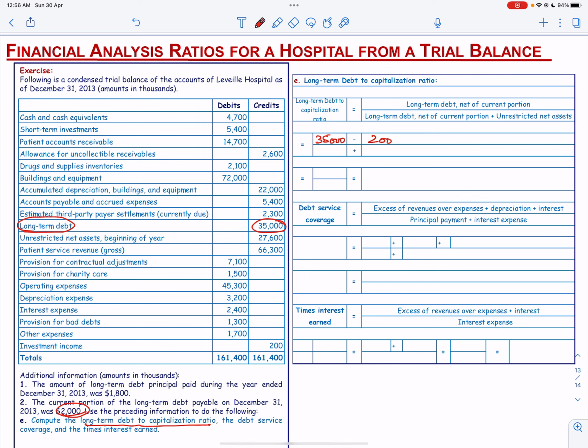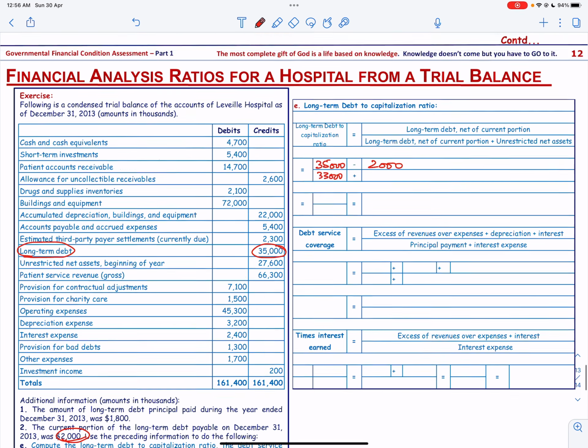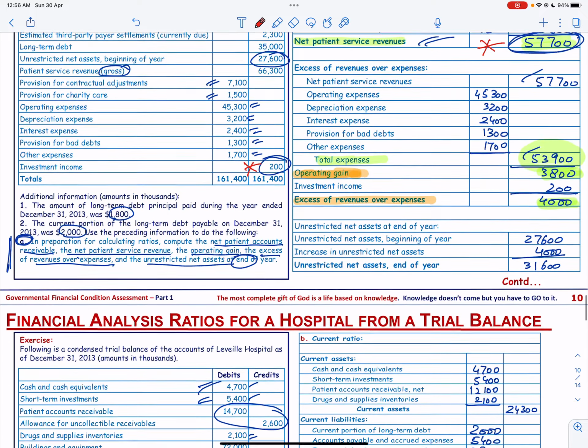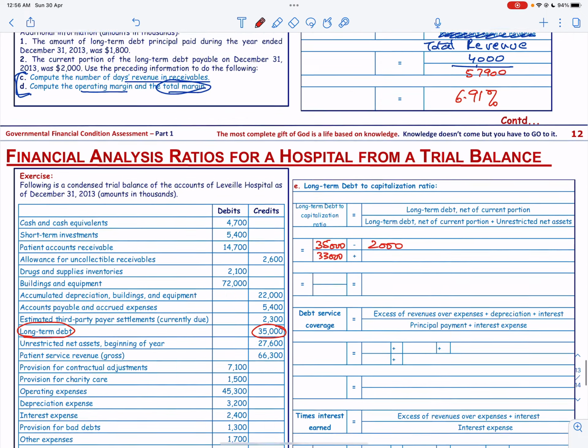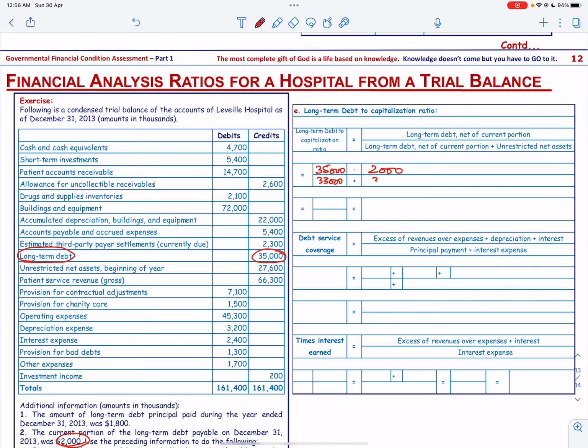So long-term debt net of current portion, that is 35 minus 2, is 33,000, plus the unrestricted net assets, and we have calculated the unrestricted net assets as 31,600. So this is equal to 33,000 divided by 64,600, and this is equal to 51.08%.